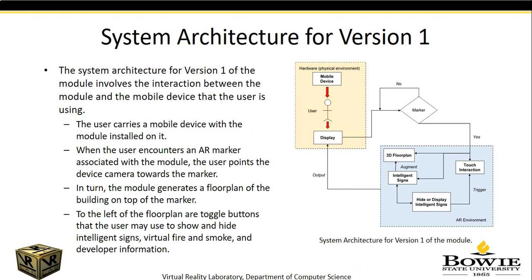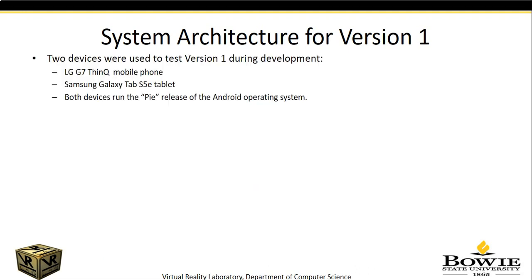To the left of the floor plan, there are toggle buttons that the user may use to show and hide the visual cues on the floor plan, as well as virtual fire and smoke, and as well as developer information. 2 devices were used to test out version 1.